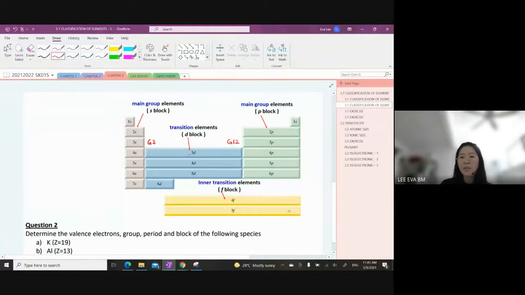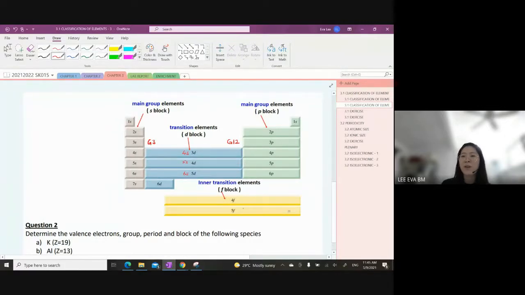That means over here you involve 4s 3d, with the last electron entering the d orbital, d subshell. In period 5, we have 5s 4d, and in period 6, we have 6s 5d, and so on. The F block is what we call the inner transition, also for extra information only, so the last electron enters the F subshell.